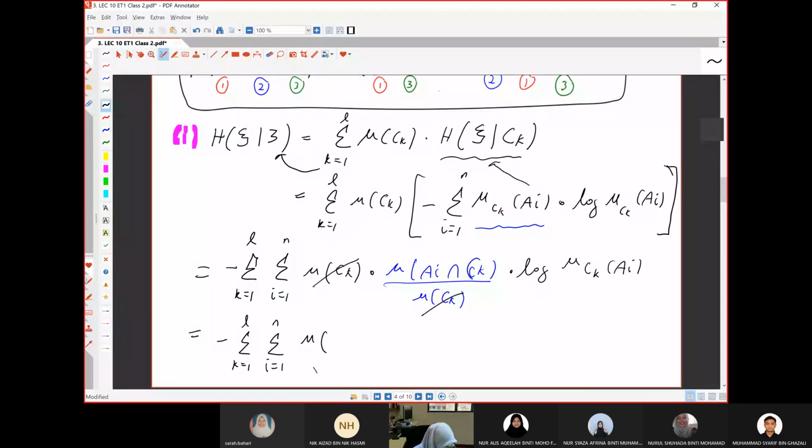What's left is only mu Ai intersect Ck multiplied with log mu Ck of Ai. Clear this part for part 1? Okay, now let's leave our answer like this for the moment.